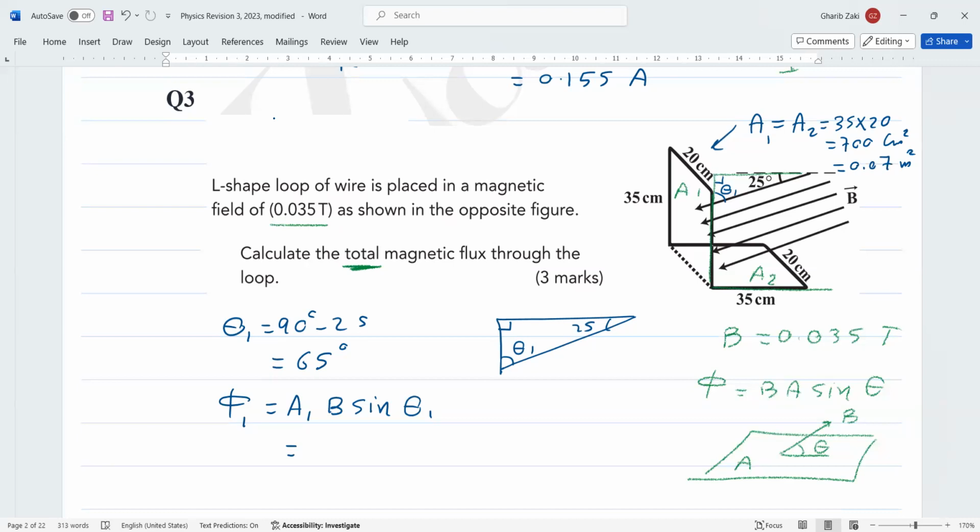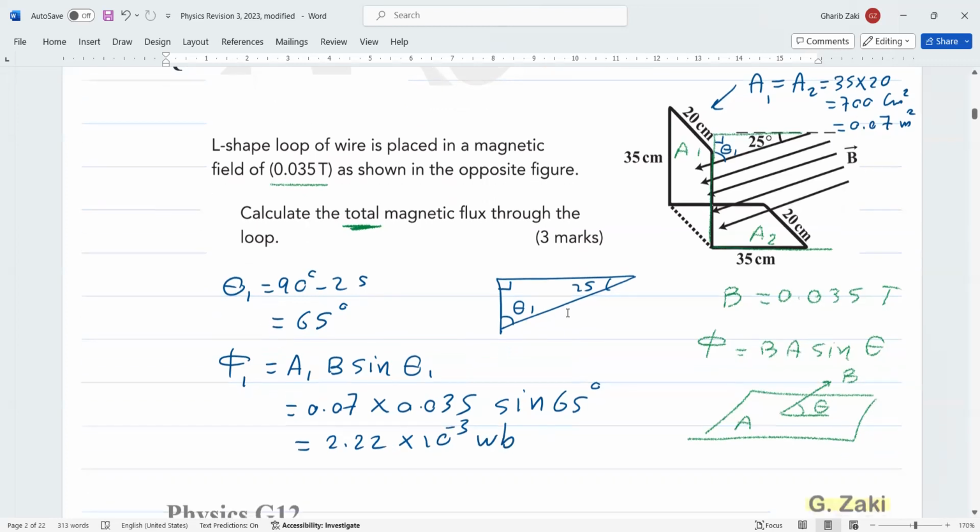So the area 1 is 0.07 multiplied by the magnetic flux density, 0.035, multiplied by sine theta 1, 65. By using the calculator, it will be 2.22 multiply 10 to the power negative 3 Weber.